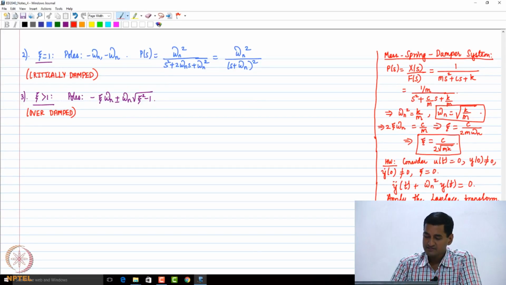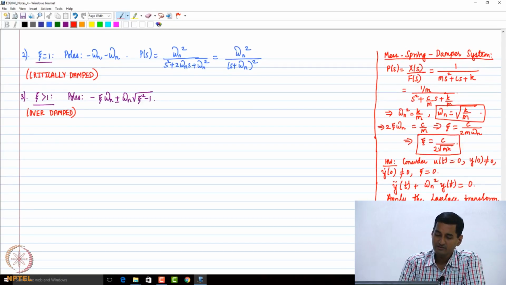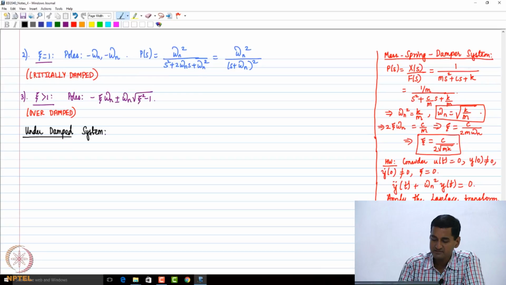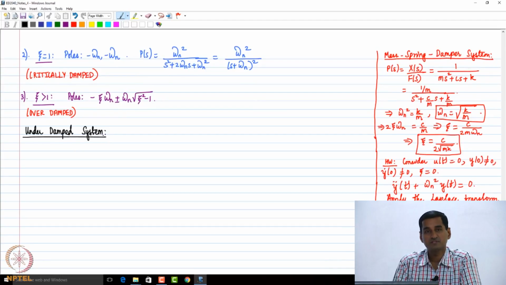So this is the case of the overdamped system. Like, so that's when zeta is greater than 1. So please do these things, right. Now what we are going to do is, let's consider the case of the underdamped system and calculate its unit step response.